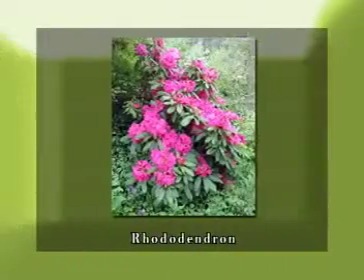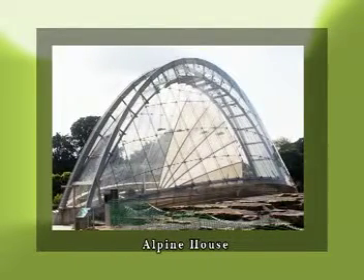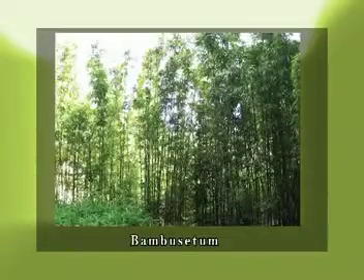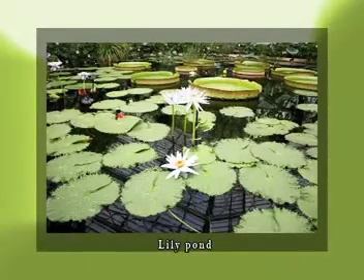A rhododendron garden was introduced by J. D. Hooker, and an alpine house, a rose garden, bamboo garden, and a lily pond by T. Dyer.